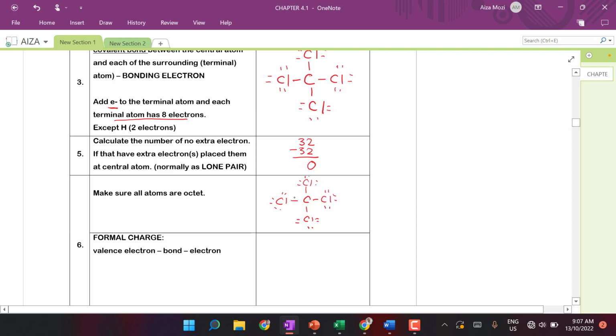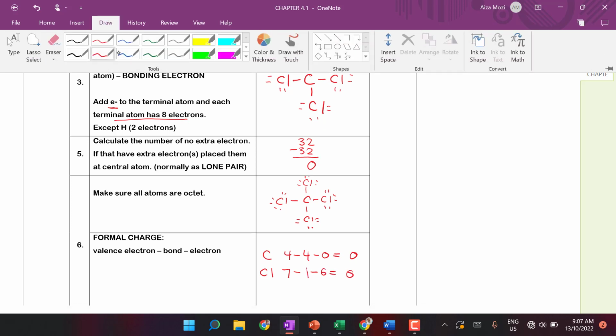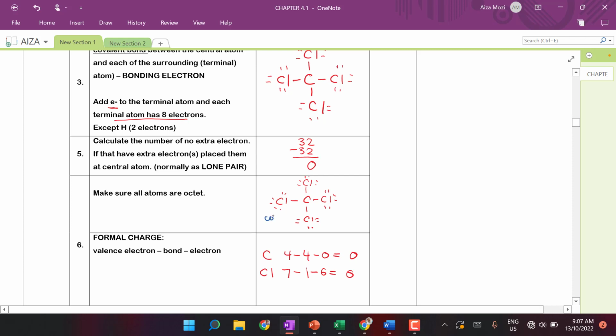So every atom has 8 electrons. So calculate formal charge. For carbon, 4 minus 4 bonds, there are no electrons, so 0. So for Cl, 7 minus 1 minus 6 is also 0. So normally we will label the formal charge.